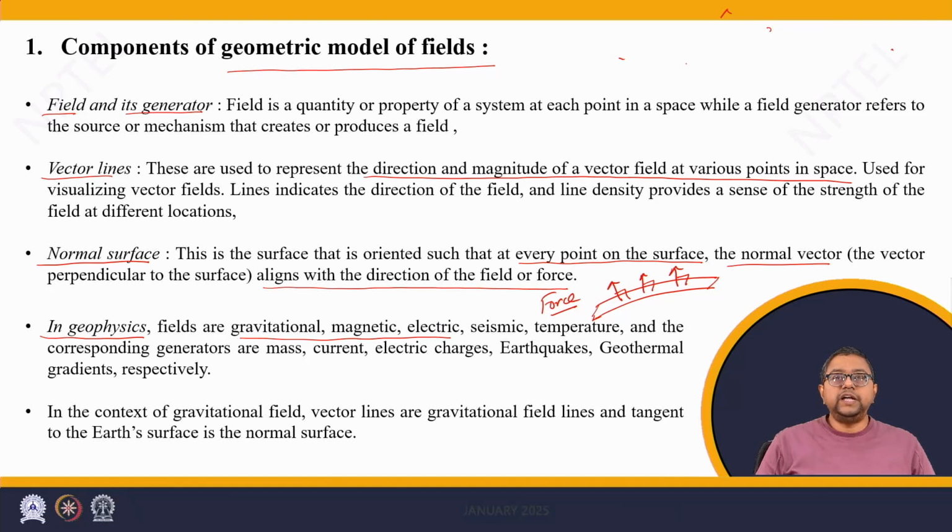The temperature field, being a scalar quantity, also can be represented by surfaces which are passing through the points where the temperature holds a particular value. Those surfaces are usually called contours.